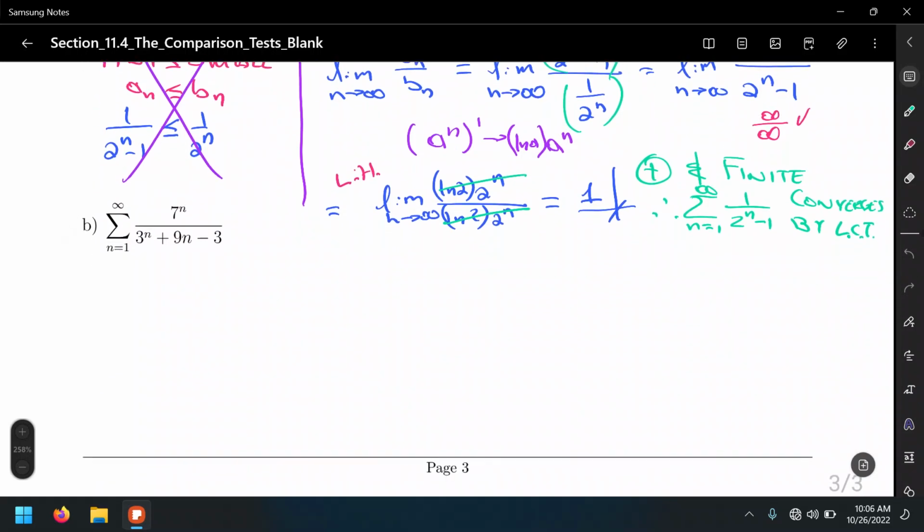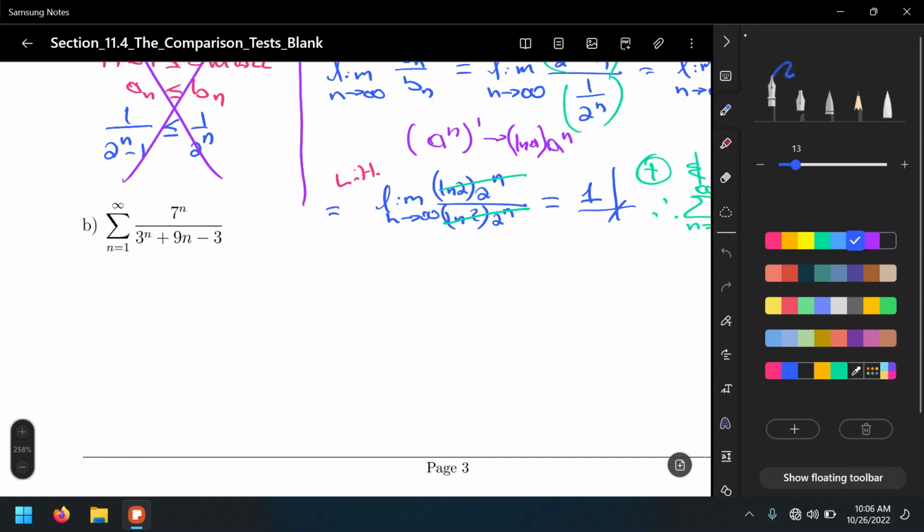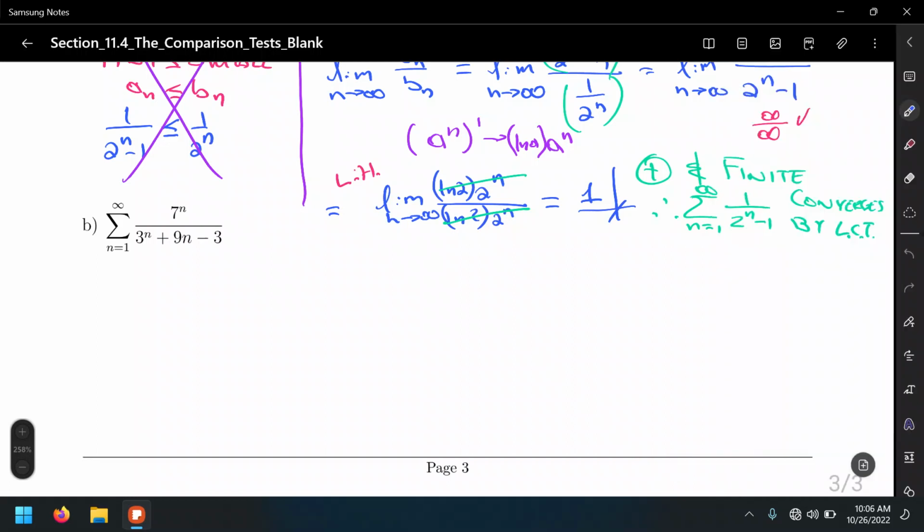So we got the sum from n equals 1 to infinity of 7 to the n over 3 to the n plus 9n minus 3. Well, that one was the same series as at the beginning of the section, in which we were describing what we were going to do in this section.